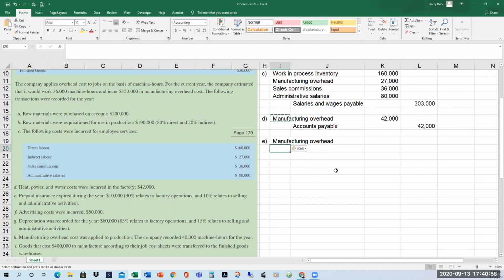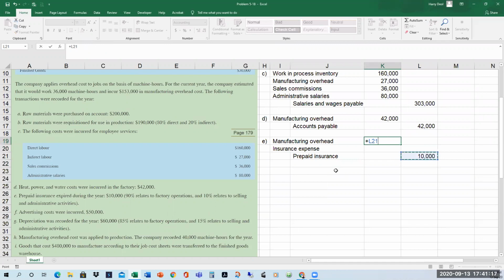And for the remainder, you will debit insurance expense, and the total amount is credited to prepaid insurance, which is $10,000. So 90% of 10,000, or $9,000, is for manufacturing overhead, and the rest is insurance expense.